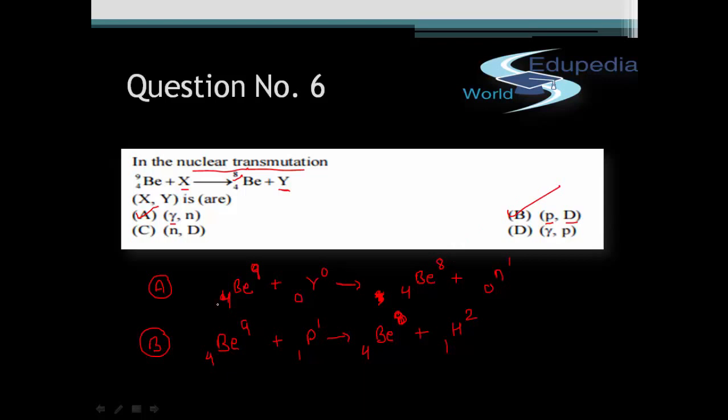Let's come to option C. In option C it says that we have been given a N, that is a neutron, and a D, that is a deuterium, right? So option C can be again written as we have 4Be9 and we are bombarding it with a neutron.